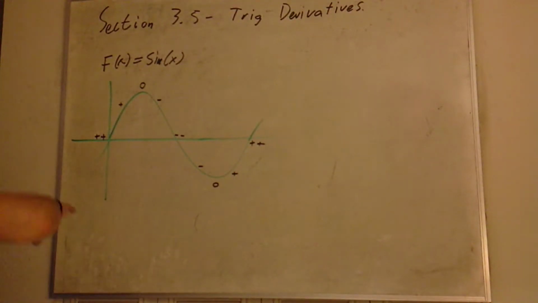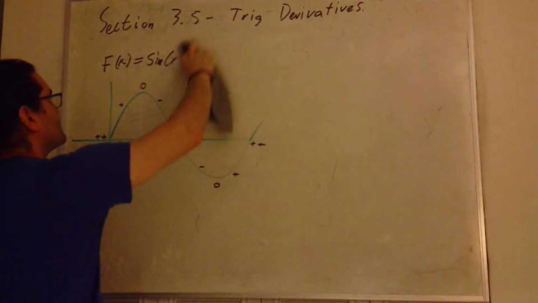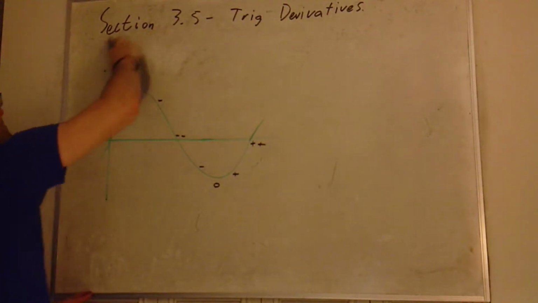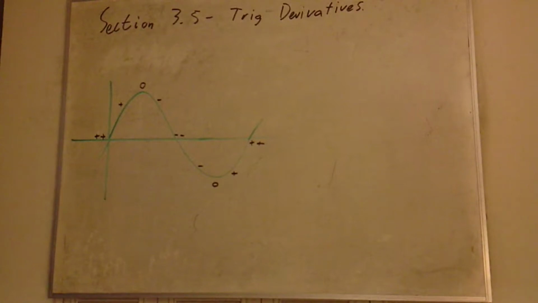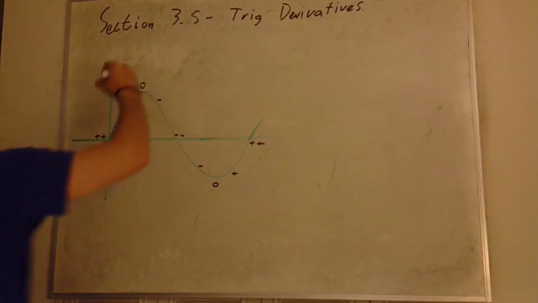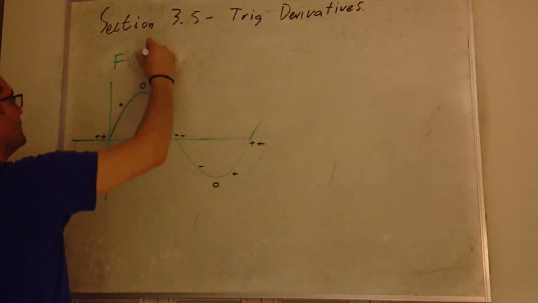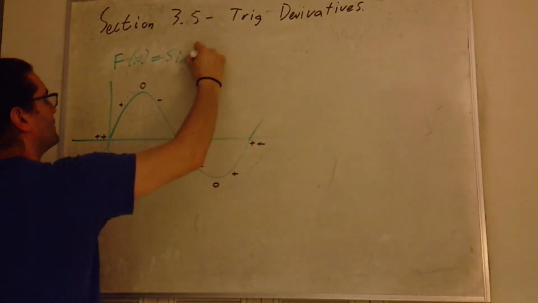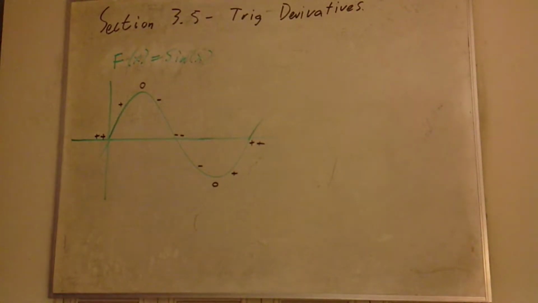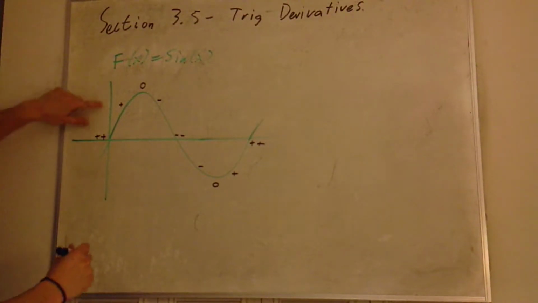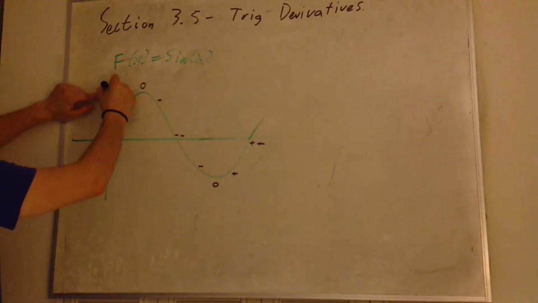So, if I want to sketch a graph of the derivative of this, let me make sure that I'm color coordinating this nicely. f of x, the original function, is here in green. So I'm going to sketch a graph of these derivatives. I need to start out with big positive numbers.